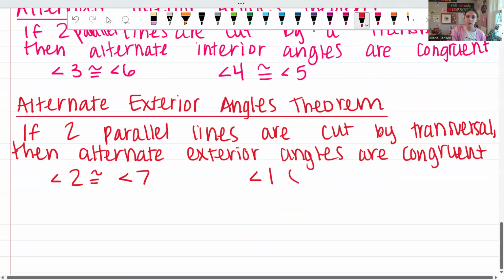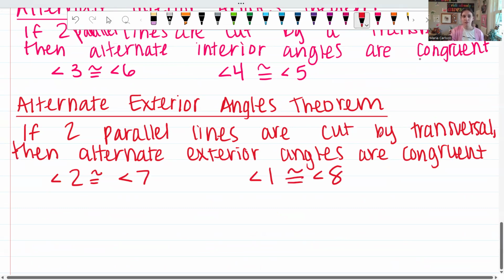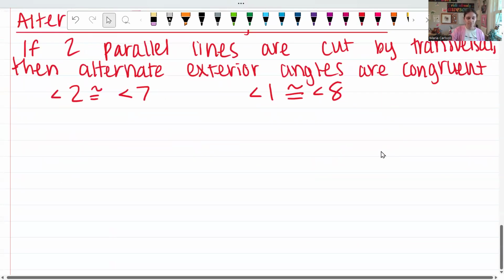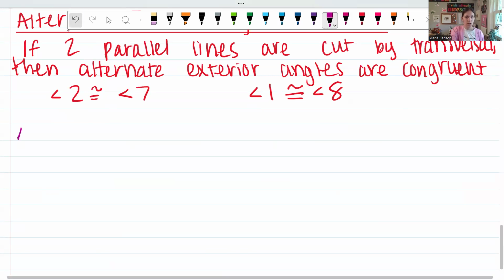And since, again, they are exterior angles, when we have these two parallel lines cut by a transversal, angle 1 and angle 8, these alternate exterior angles are congruent. The last proof, and this proof is also in the OMHS, as well as this last proof, is for the same side interior angle theorem.